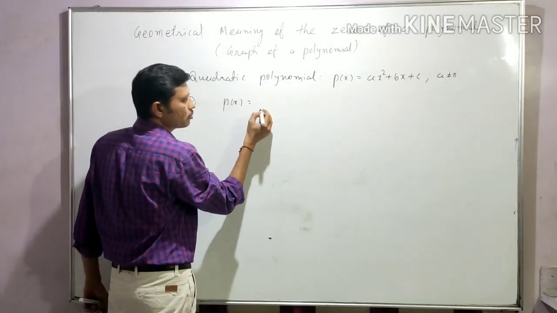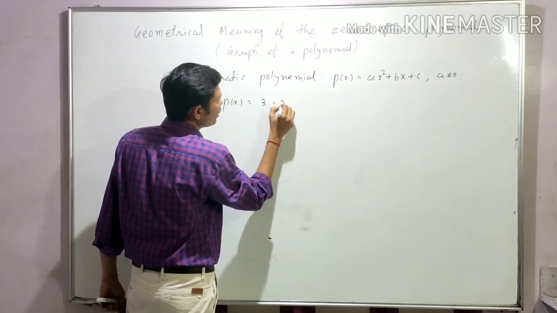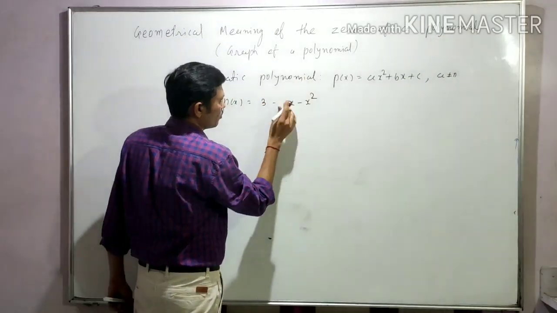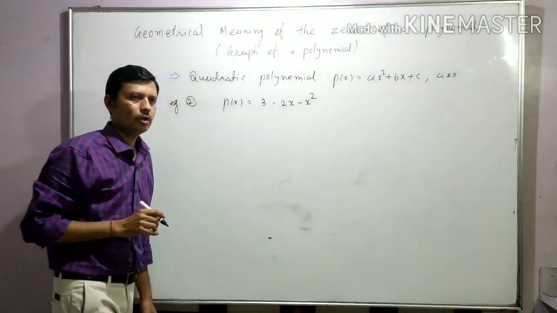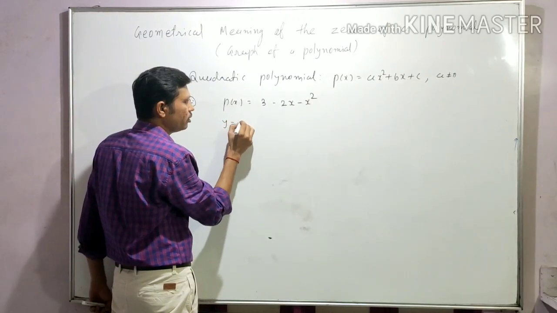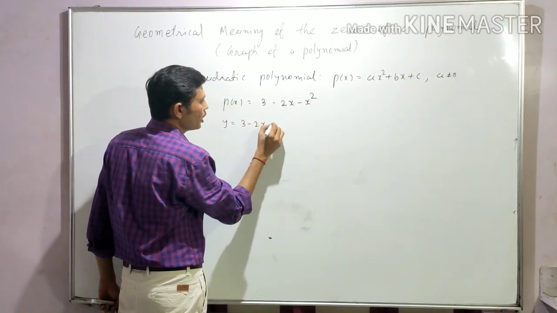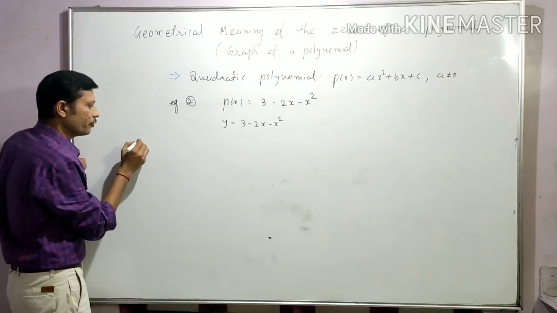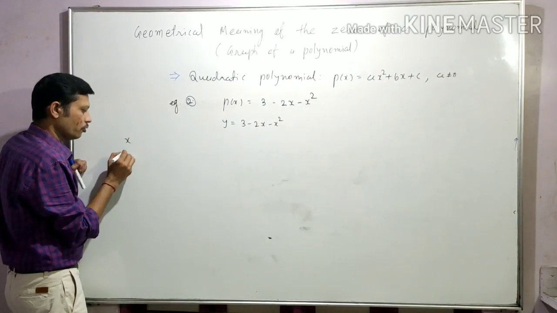Polynomial p of x is equal to 3 minus 2x minus x square. Now again the p of x we will consider as y, so y is 3 minus 2x minus x square. Now we will take different values of x as well as y.